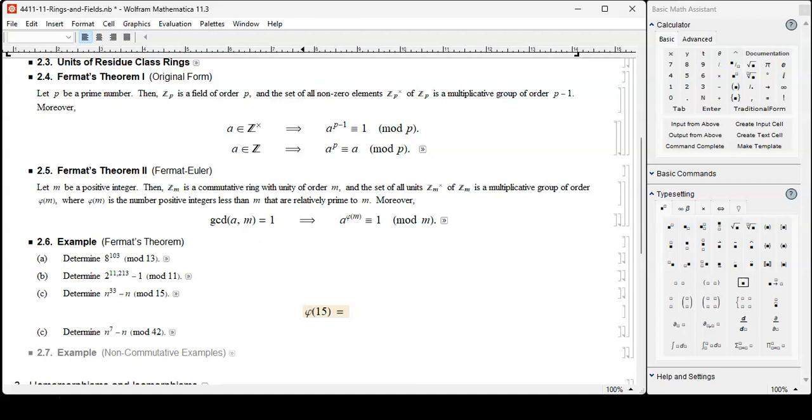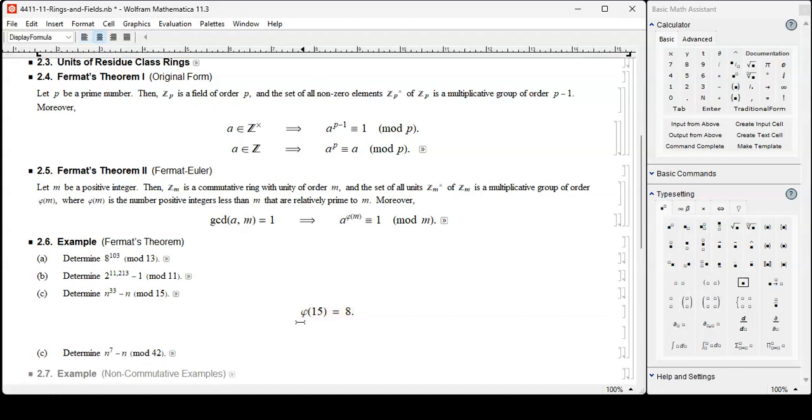So 1, 2, 4, 7, 8, 11, 13, and then 14. I'm getting 8.